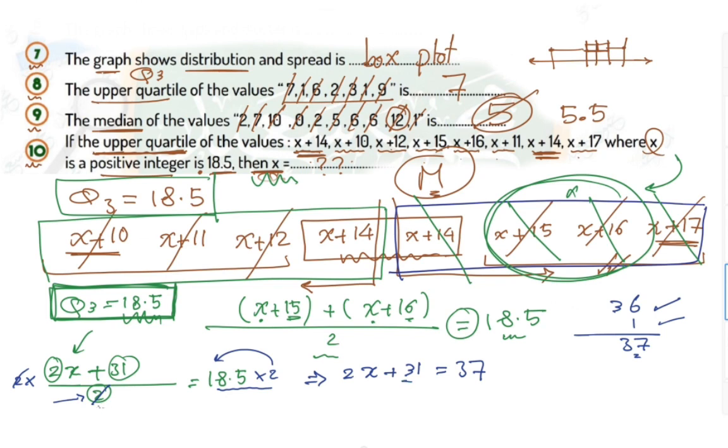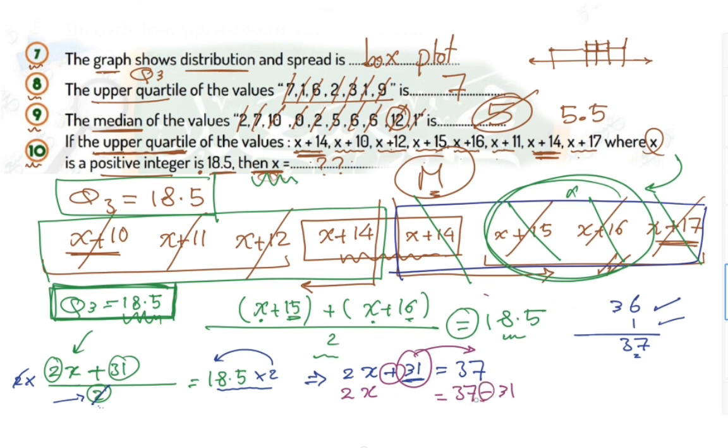Then I need to finish the problem with 31. To finish the problem with this 31, do what? Send it to the other side. I will delete it, so you have 2x equals 37 minus 31. Why minus? See, this 31 was positive, or plus. I do it as minus.